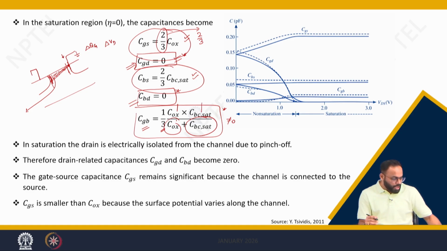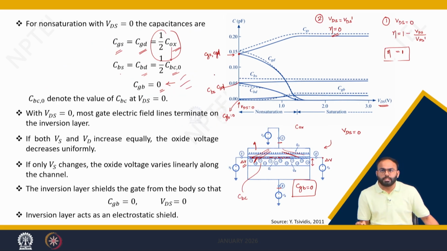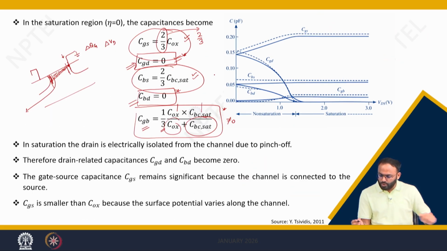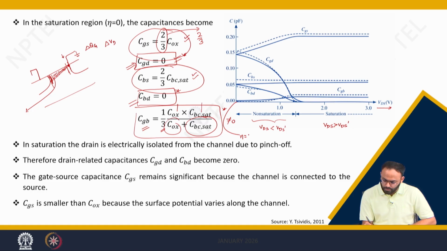Now we are in a position to plot these values of capacitances along VDS. Considering this is the non-saturation region, it means VDS is less than VDS dash, and here VDS is greater than VDS dash. This is the point where eta equals 1.